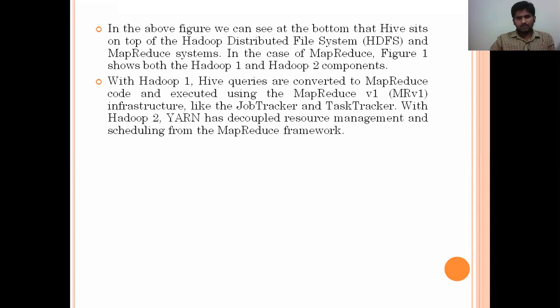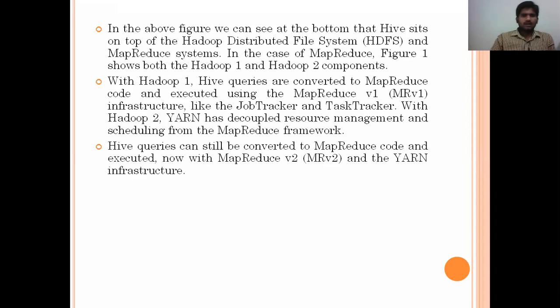And with Hadoop 2, YARN has decoupled resource management and scheduling from the MapReduce framework. Hive queries can still be converted to MapReduce code and executed. Now with MapReduce version 2 and YARN infrastructure, Hive queries can still be converted.